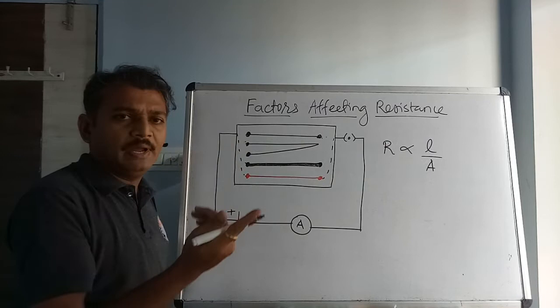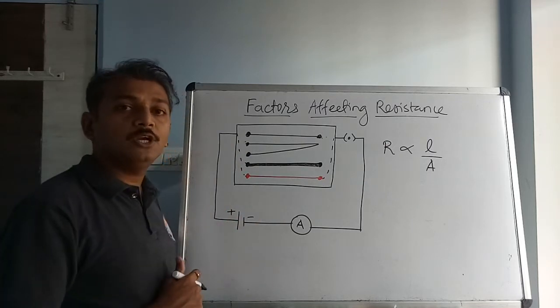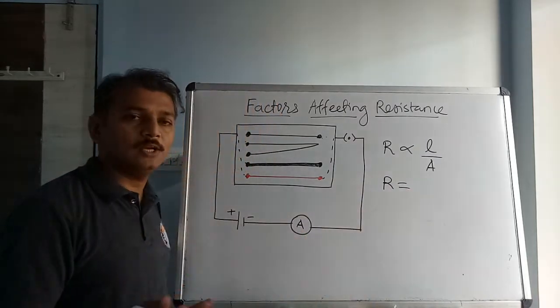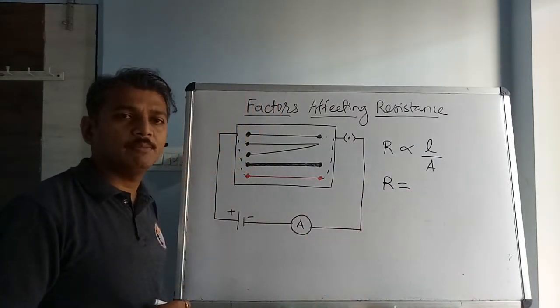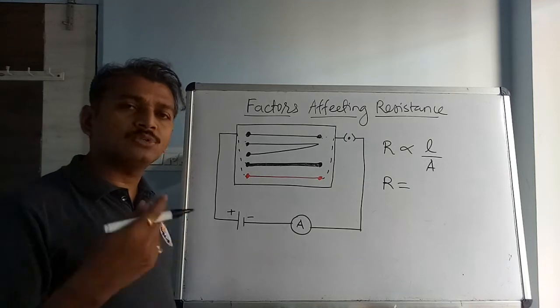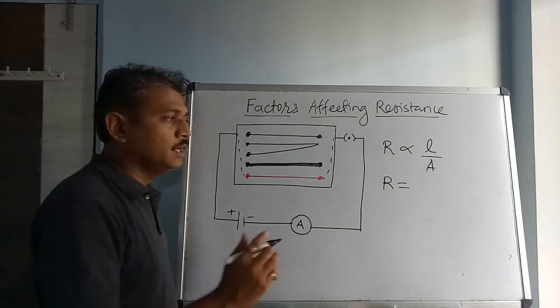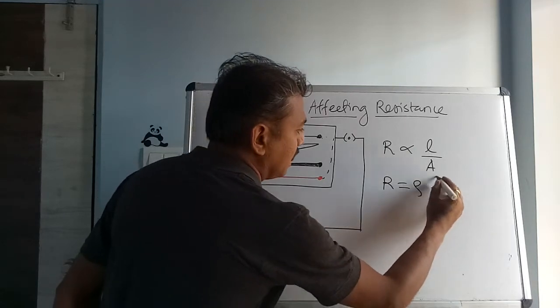So with this statement, let us convert it into an equation as R equals, as I told you in the previous statement, that when we change the proportionality sign into an equation, we put an equal to sign with a constant, and here we are putting the constant as rho.